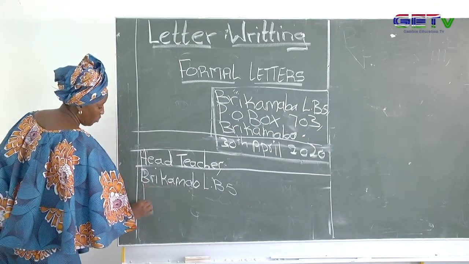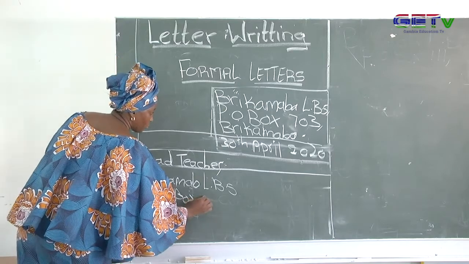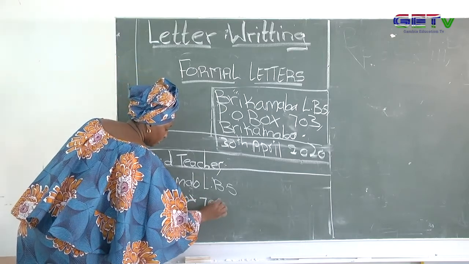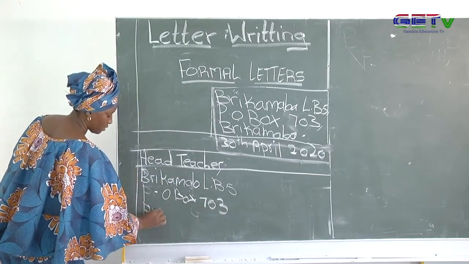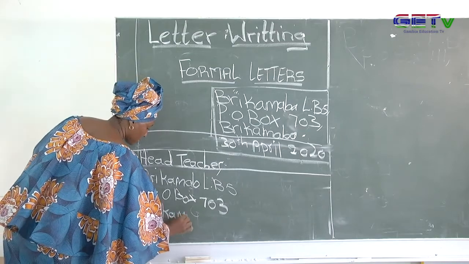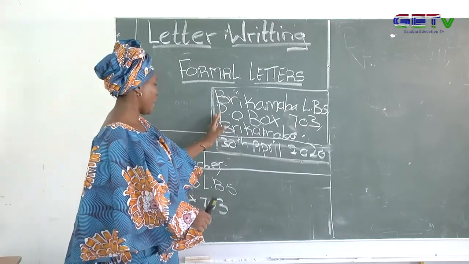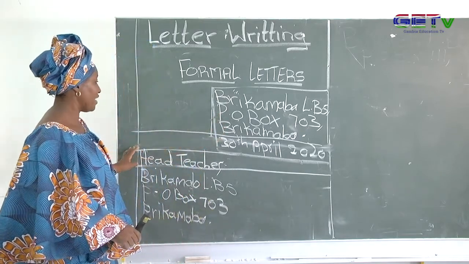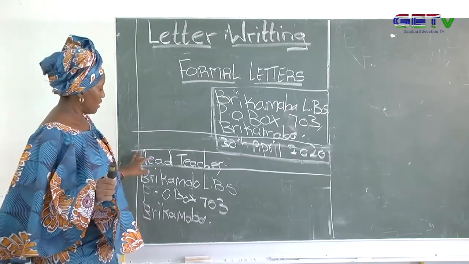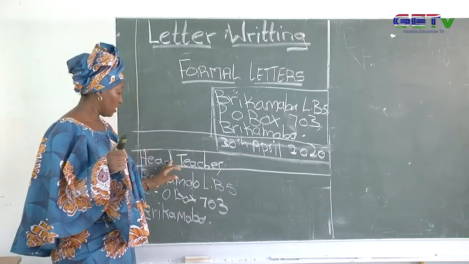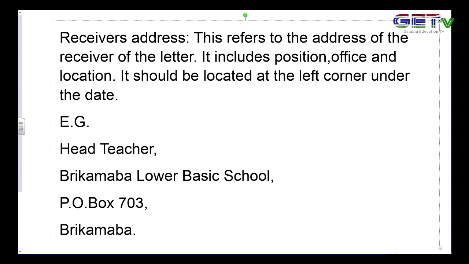Then we have P.O. Box 703, and then we have Brikama Ba, full stop. That is your own address, and that is the address of the receiver. We say the receiver's address should include the position, the office, and locations.